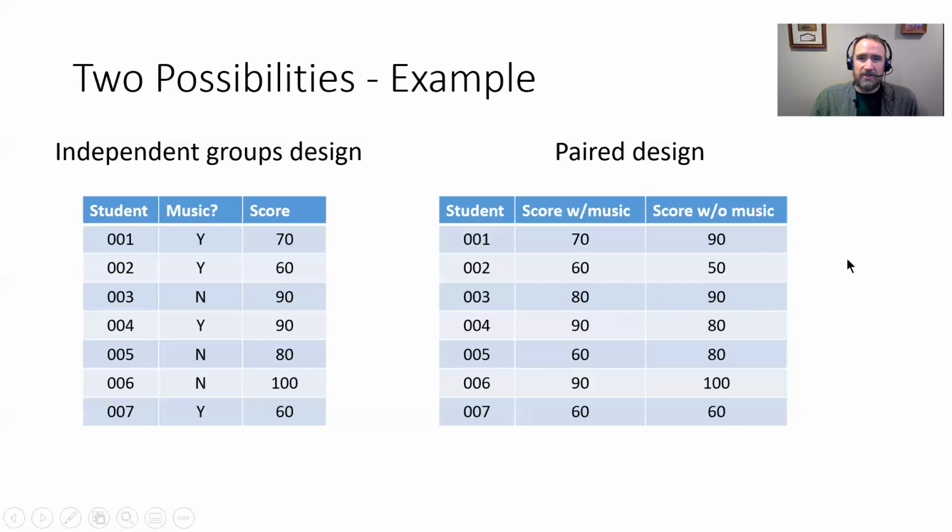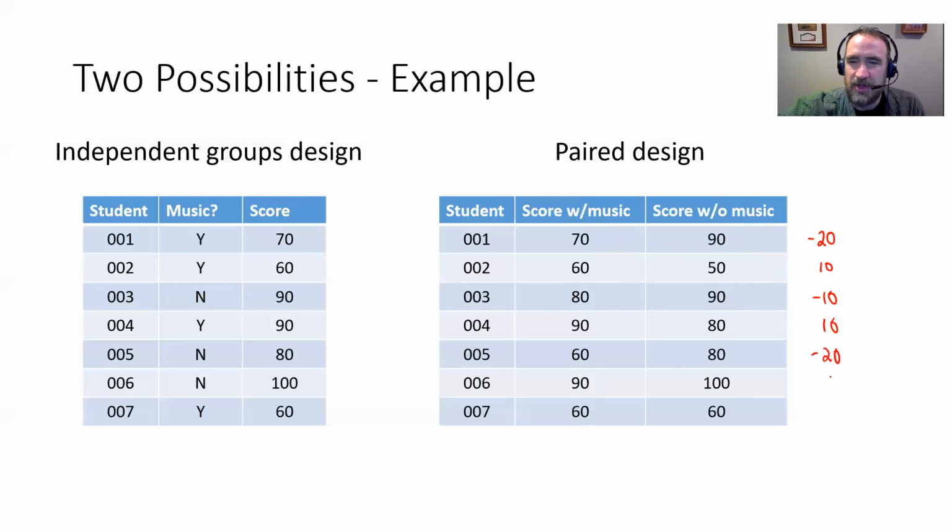What I then become interested in is less the individual scores on each group, but instead I become interested in what their difference was. For example, if I just subtract and look at the differences between these two, I get really interested in what's going on in these differences.